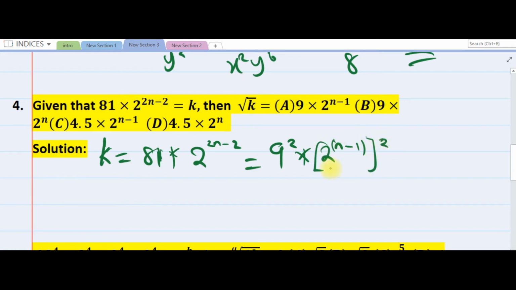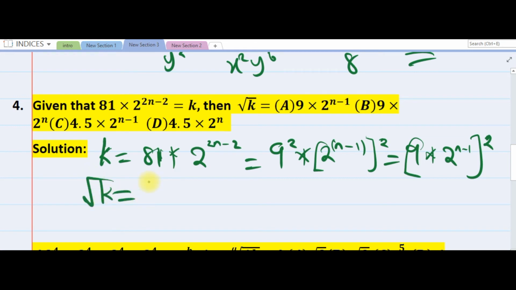Do you remember? When an exponential expression is raised to a power, it's the same thing as multiplying the two powers. And I can bring the two further together like this, all squared. So the square goes to become square root, and my answer is 9 times 2 raised to the power n minus 1. So my answer is A.